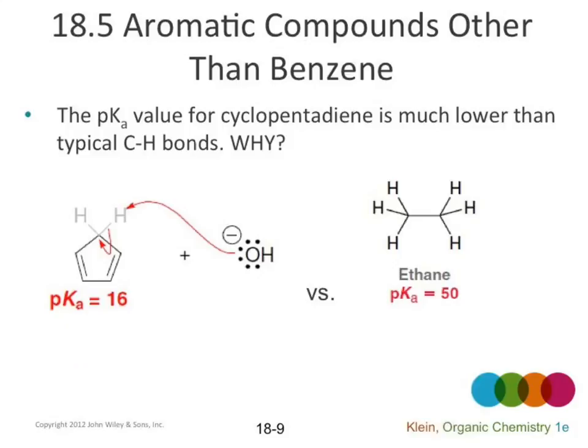Well, what we can do is take a look at our conjugate base. When we draw the conjugate base of our cyclopentadiene, put our lone pair on there, like our upside down gorilla. Take a look at our ethane, its conjugate base.